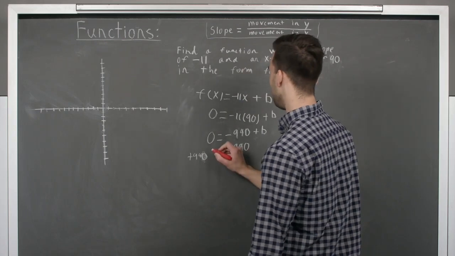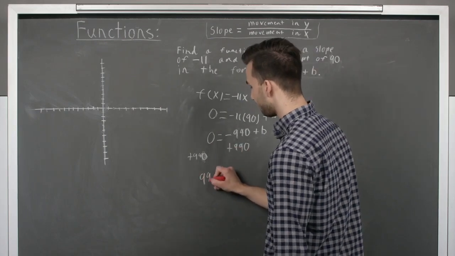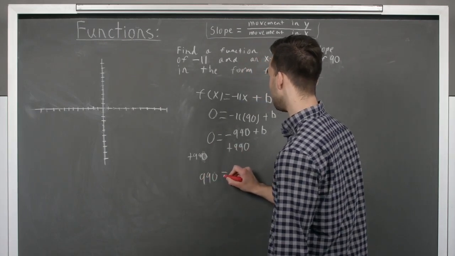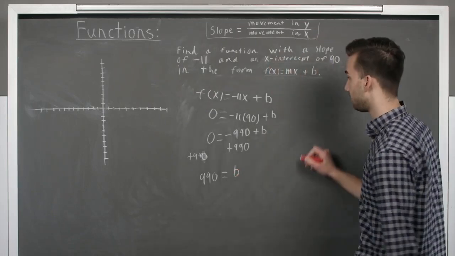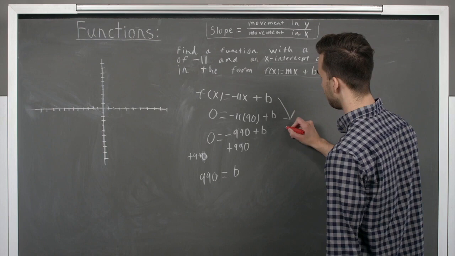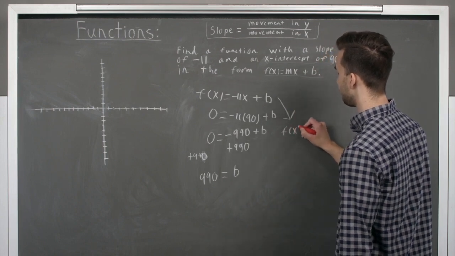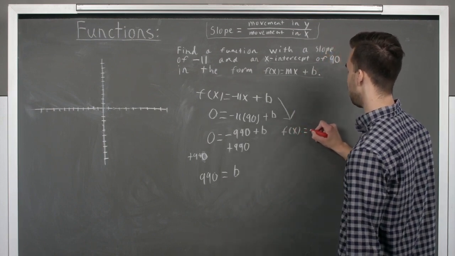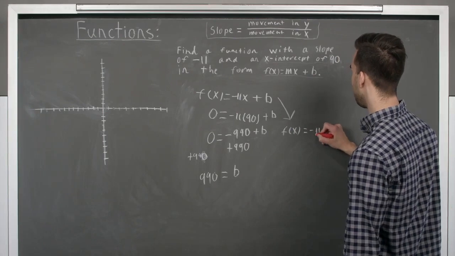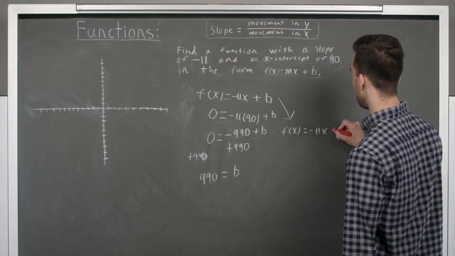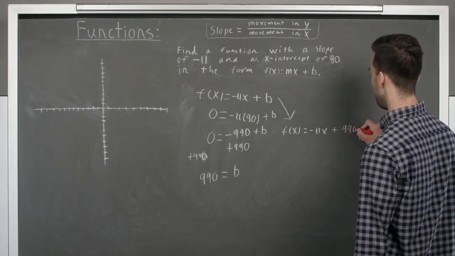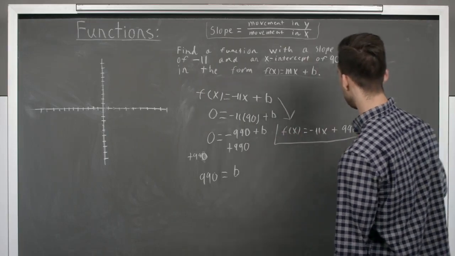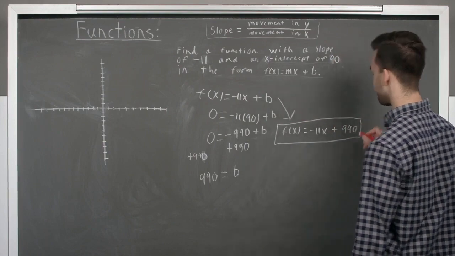Okay, 990 is equal to b. So we can rewrite the function over here. F of x is equal to -11x plus our b value, which is 990. So this is our solution for this example.